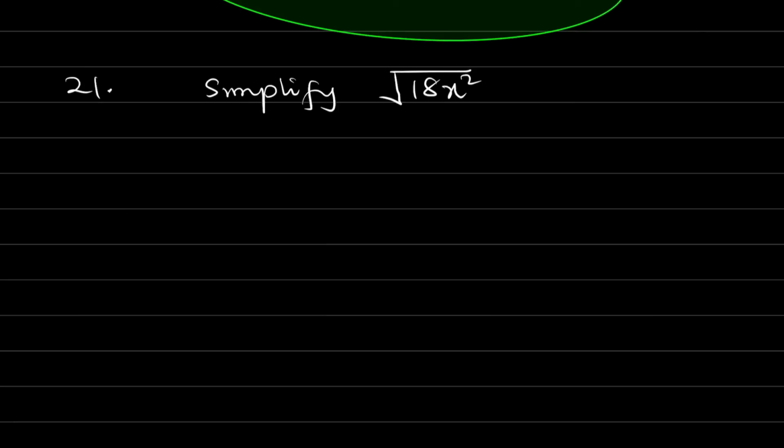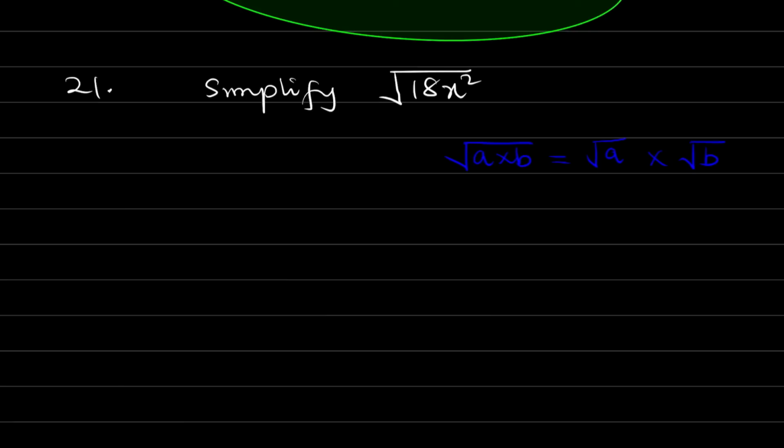So to simplify this, what we need to do is remember the basic law of surds that says that if we have the square root of a times b, we can separate this into the square root of a times the square root of b.